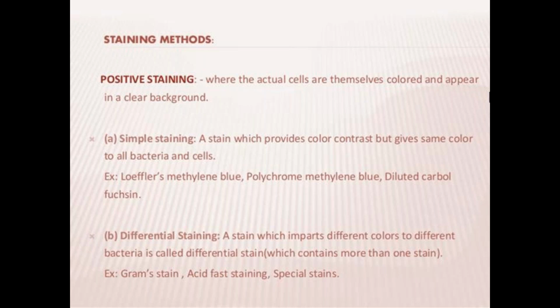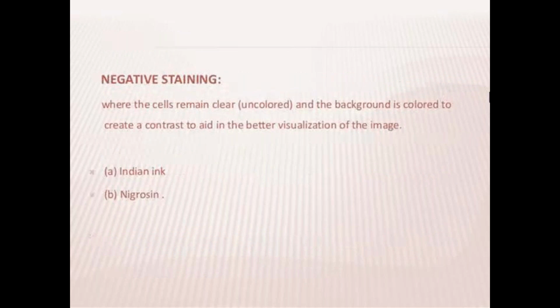Special staining techniques are also present. Special means the structural arrangements, and that can be identified by using these differential staining techniques, and that comes under the positive staining techniques.